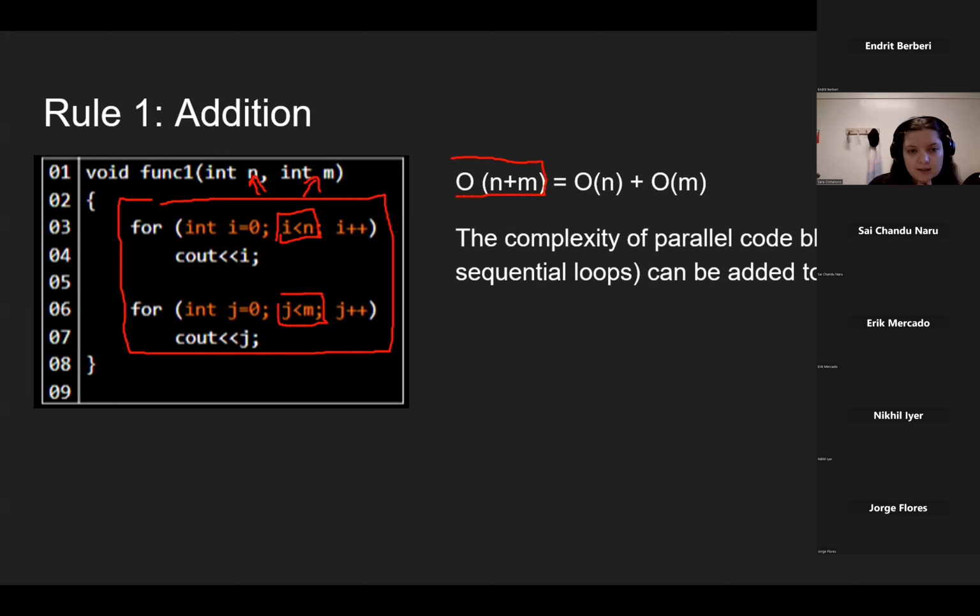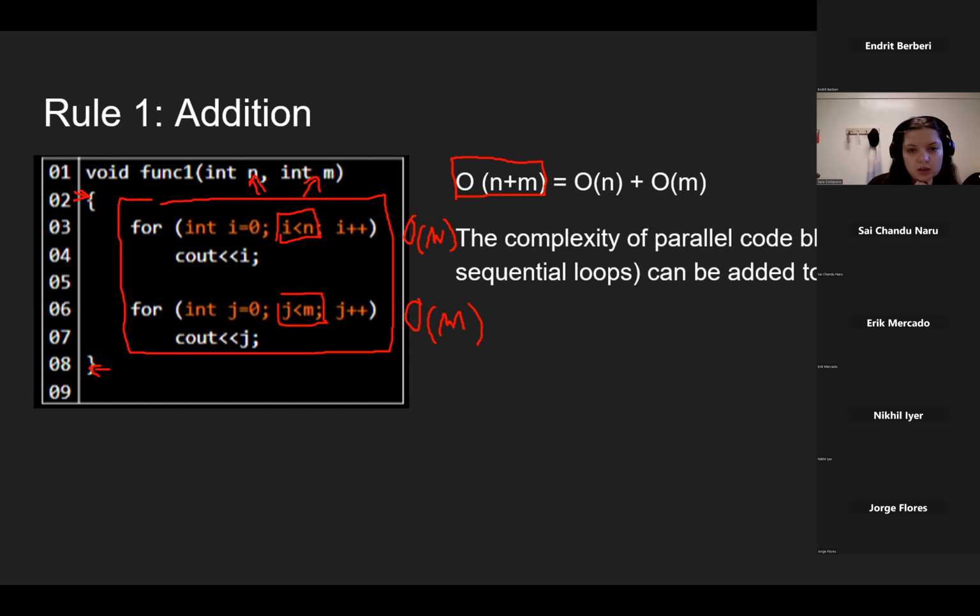Because they're not nested, they're just going to be added. You execute this one in some O of n time, and then you move on to the next loop and execute this one in O of m. And so total time between entering this curly brace and exiting through this curly brace is going to be O of n plus m.